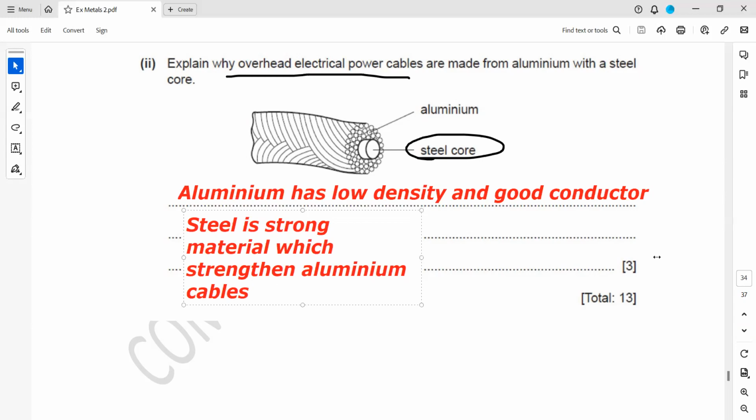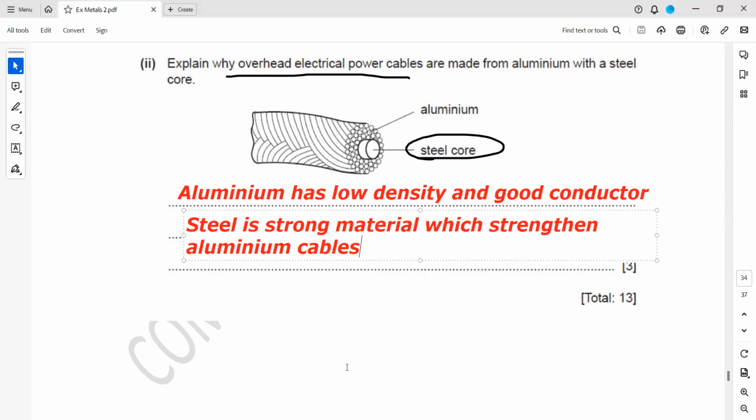Steel is a strong material, and the advantage of having a strong material is that it will strengthen the aluminum cables. Aircraft bodies also consist of aluminum, but that is not pure aluminum, that's an alloy. Here we have pure aluminum.